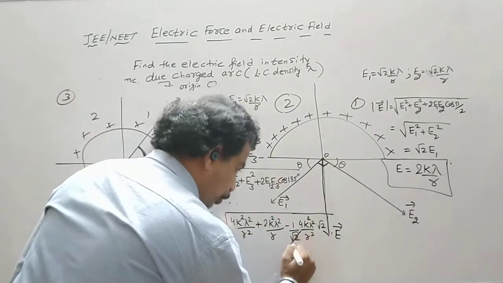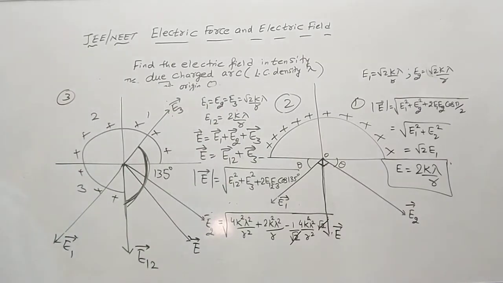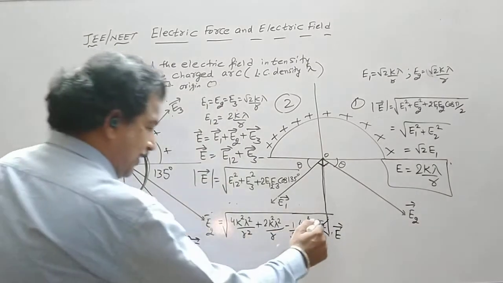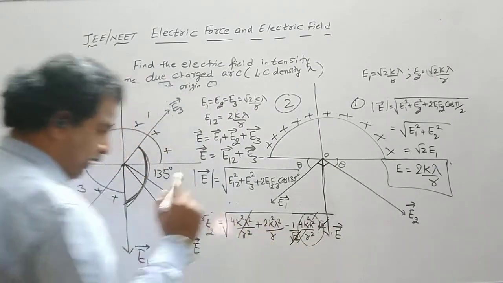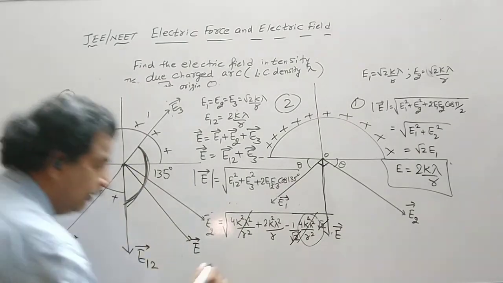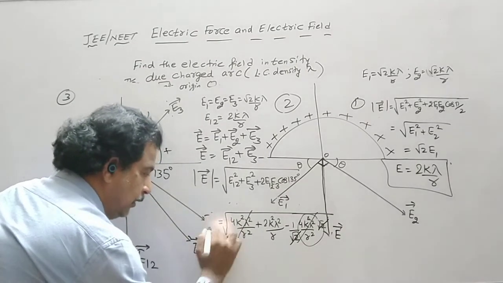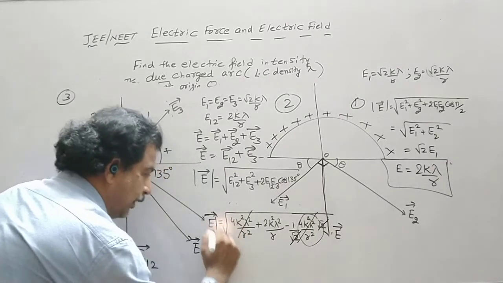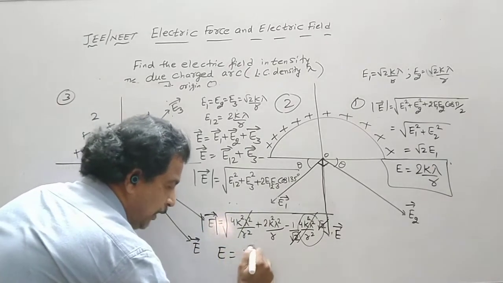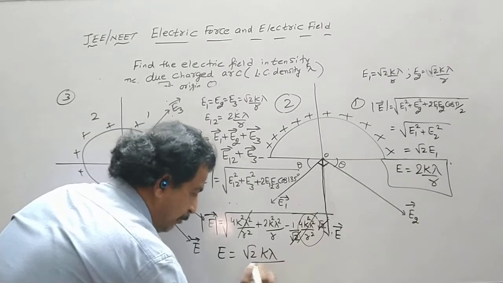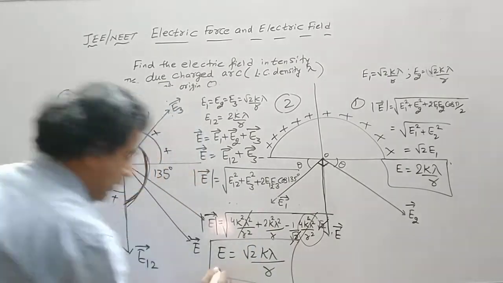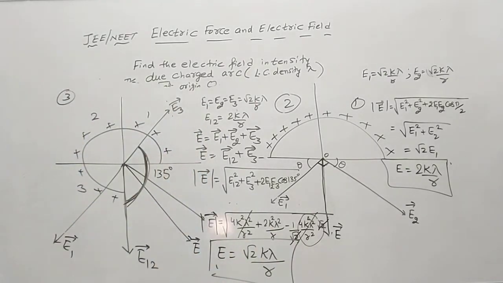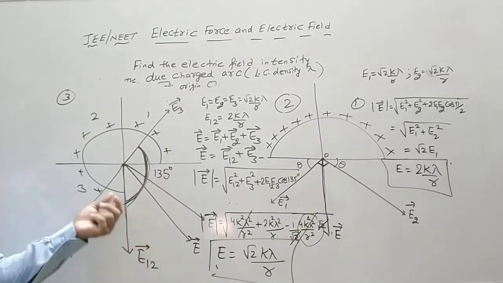So this root 2 gets cancelled, and this entire term also gets cancelled with this. So again, the resultant E vector magnitude comes out to be root 2 k lambda by r. This is the resultant. So the resultant magnitude is the same, but the direction will change.